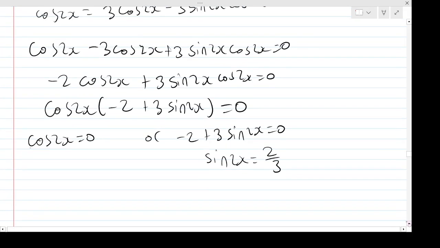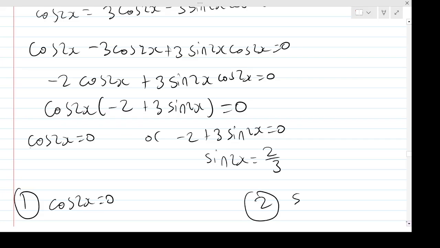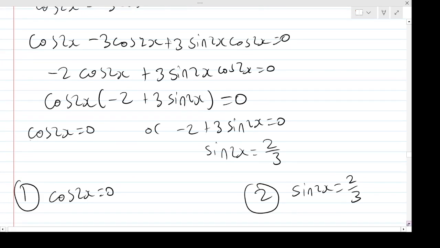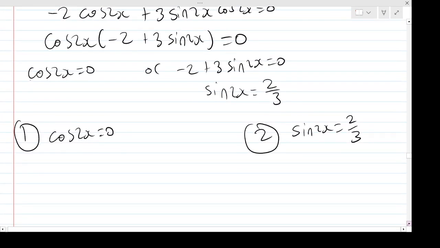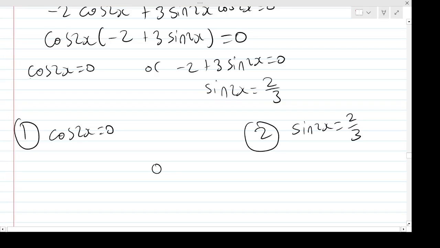I can solve both of them separately. Firstly, I want to solve cos 2x equal to 0, and then I'm going to do the second one, sine 2x is 2/3. Now, the key thing to note, again, our interval is between 0 and 90 degrees.